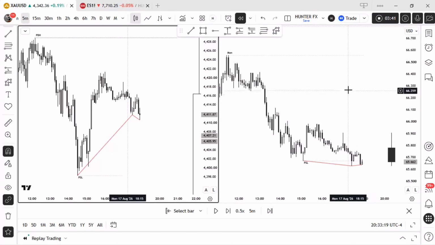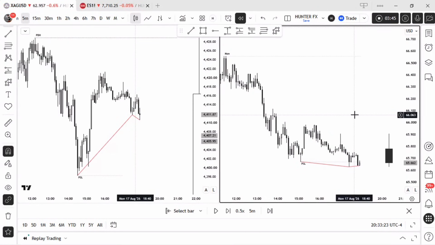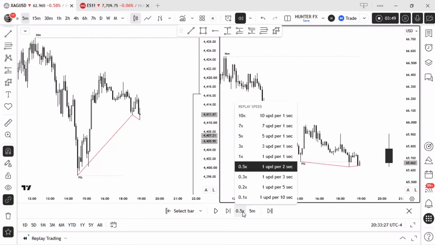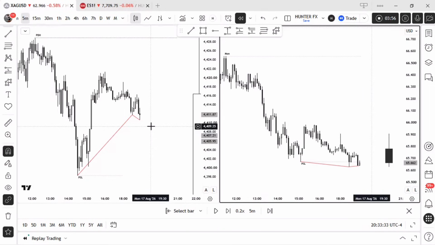We look for a change in the state of delivery, which we haven't got here, or the break of market structure, which we don't have yet.